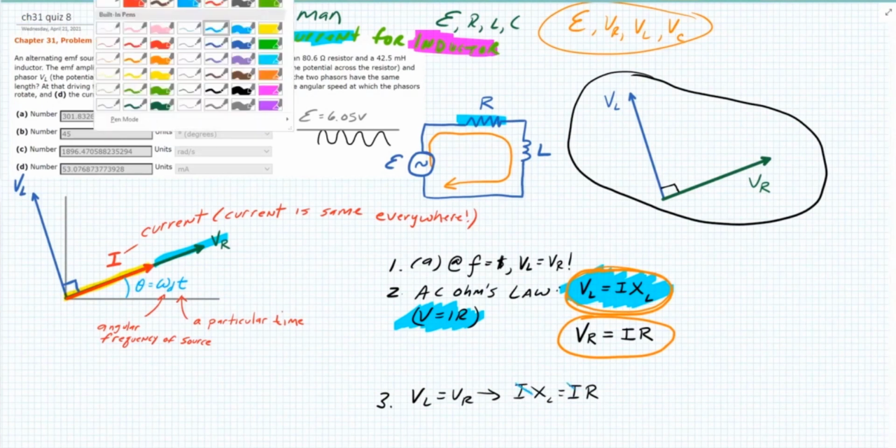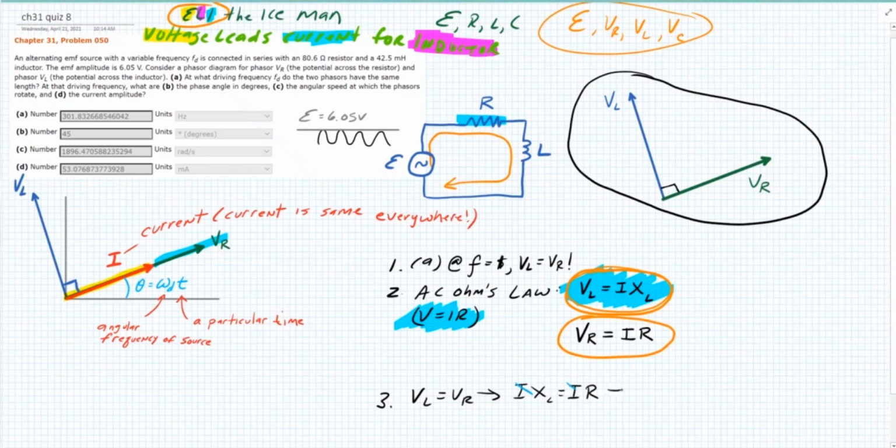So now it boils down to this. Basically, I have XL equals R, and somewhere in here needs to live my dollar sign. My dollar sign is the driving frequency of my source. So I'm just going to keep stringing this along willy-nilly. Omega D times L equals R.